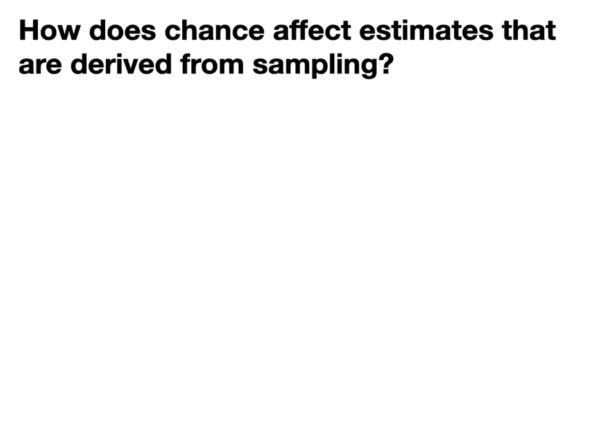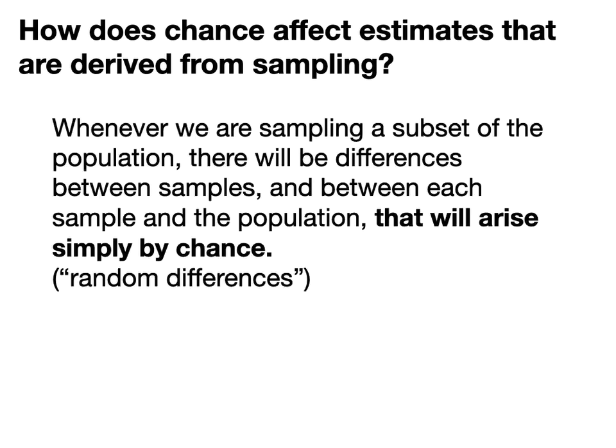Okay, let's think about how chance affects estimates that are derived from sampling. So now we're drawing a sample from a population. That means chance influences which individuals we get, right? Whenever we're sampling, we're going to get differences from one sample to the next. And we're also going to get differences between the sample and the population.